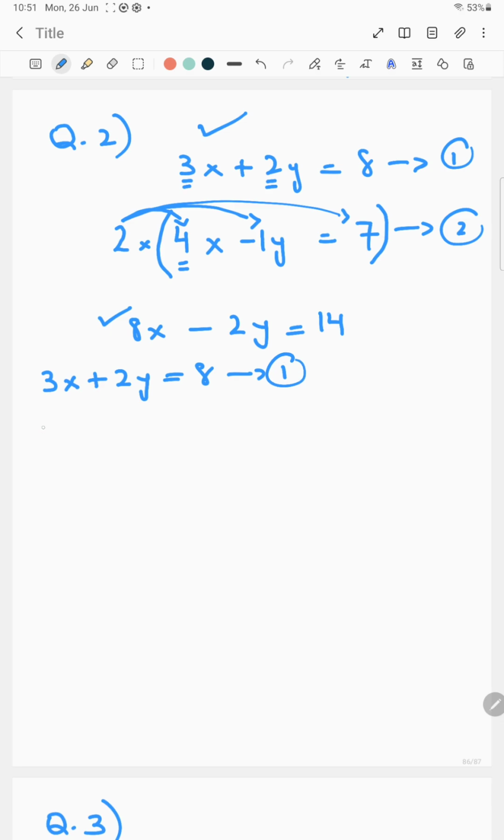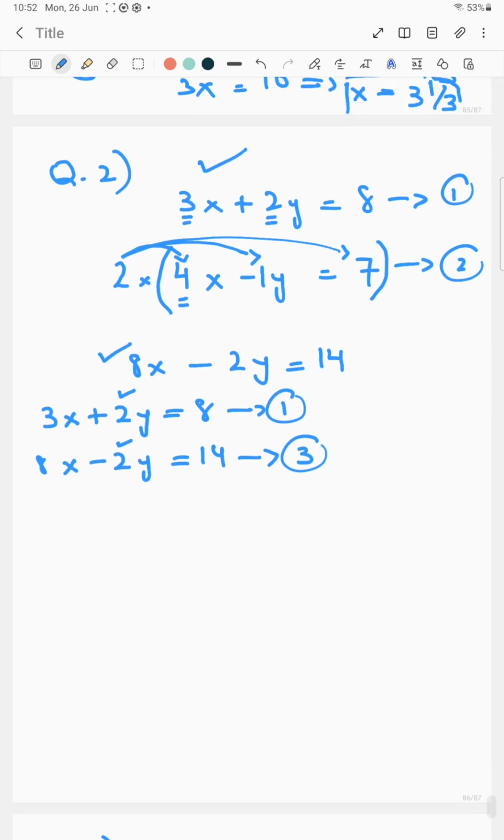Now the second equation becomes 8x minus 2y is equal to 14. See, now the coefficient of y in both the equations are same. You can name this equation as equation number 3, because you made some changes in the second equation, you multiplied with 2, so you got the same coefficients.